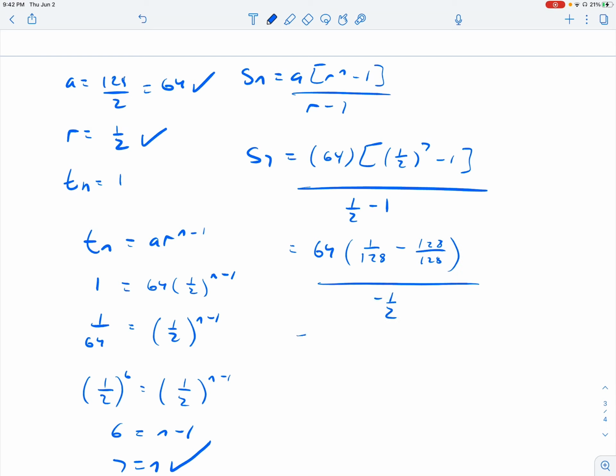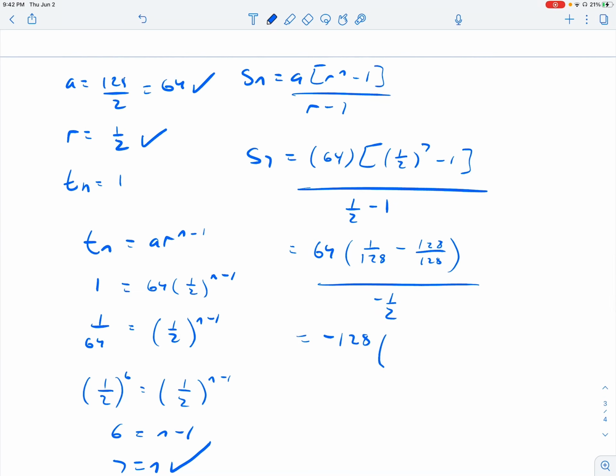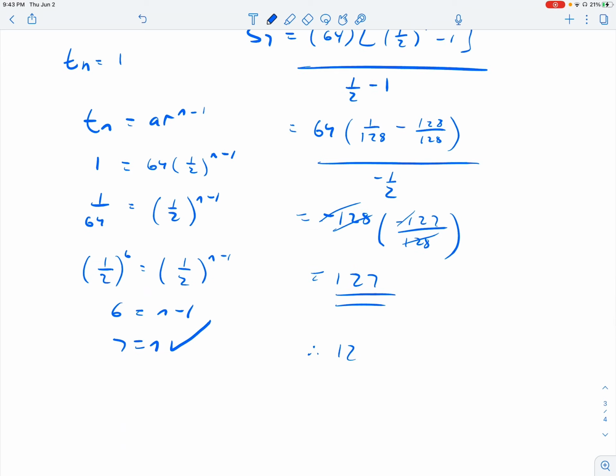We've got a negative half there. 64 divided by a half means multiply by 2. It'll be negative 2. So we'll have negative 128 here. And then inside the bracket, we're going to have negative 127 over 128. The 128s cancel, the negatives cancel. We're left with 127. So there would have been a total of 127 matches played.